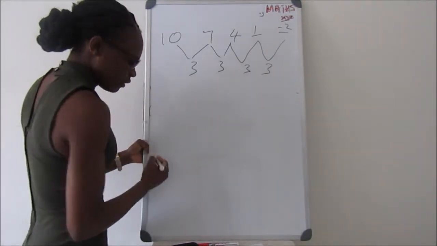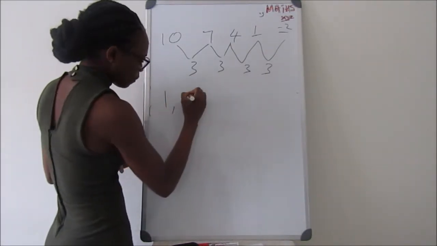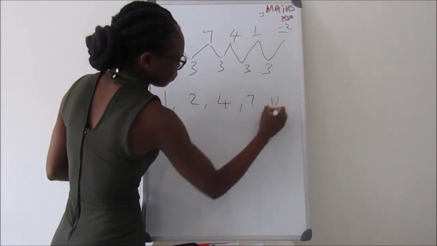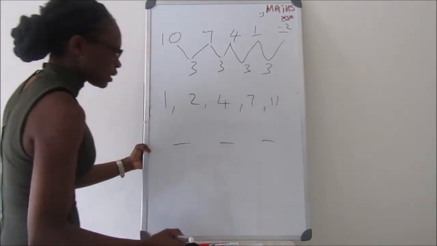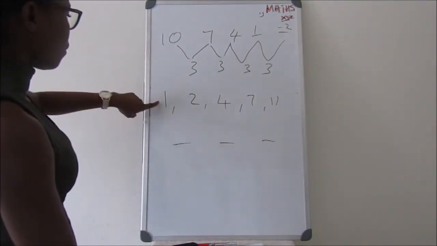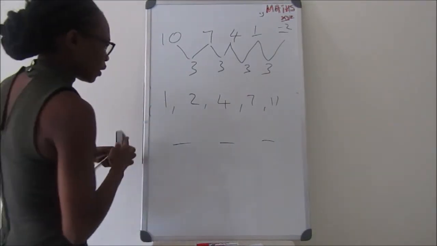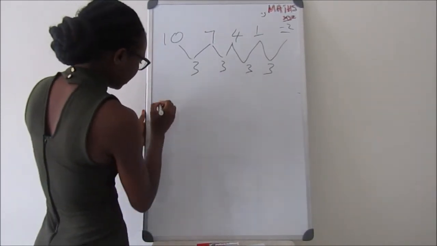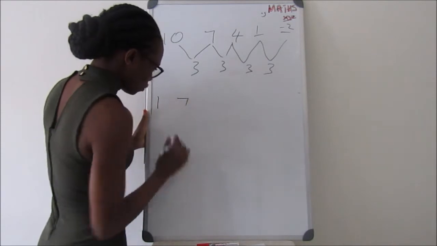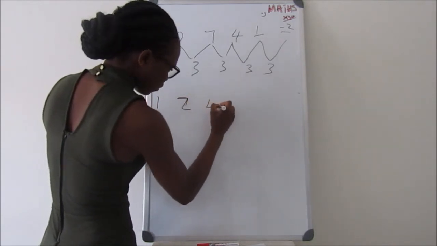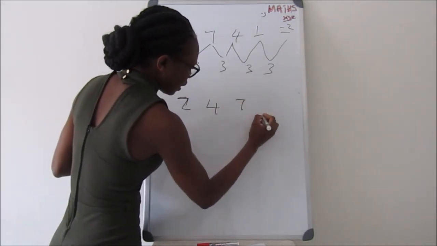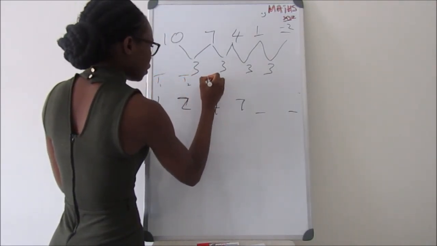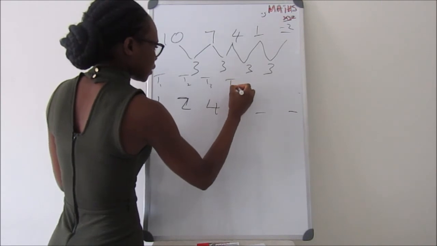So the next one, if we are given patterns like 1, 2, 4, 7, 11, what would be the next two terms for this pattern? We know that if we are given 1, 2, 4, 7, and the next two terms, this is our T1, this is our T2, this is our T3, this is our T4.